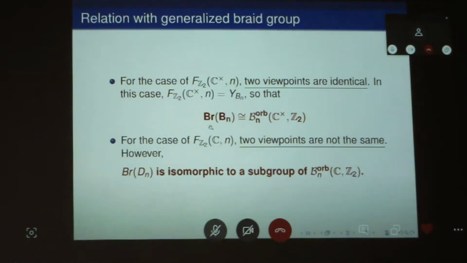That means this generalized braid group is isomorphic to the orbit braid group. But in this case, the two viewpoints are not the same. But we can see that this group is isomorphic to a subgroup of the orbit braid group. So yeah, I would like to stop here.